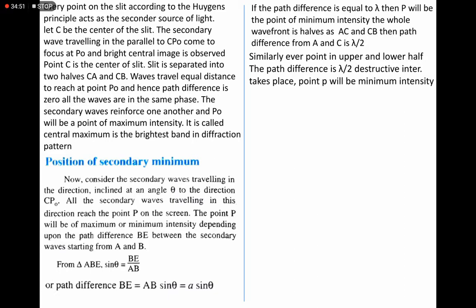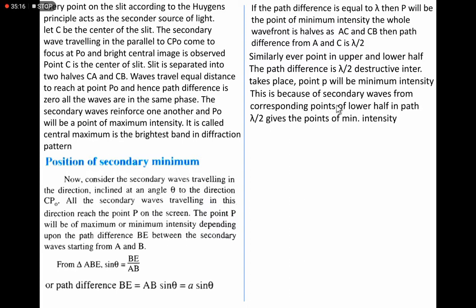Lambda by 2 is the path difference between secondary waves from corresponding points of the upper and lower halves, so the minimum intensity will be produced at point P. In general, we write a sine theta for the nth minima is equal to n lambda, where n is equal to 1, 2, 3.